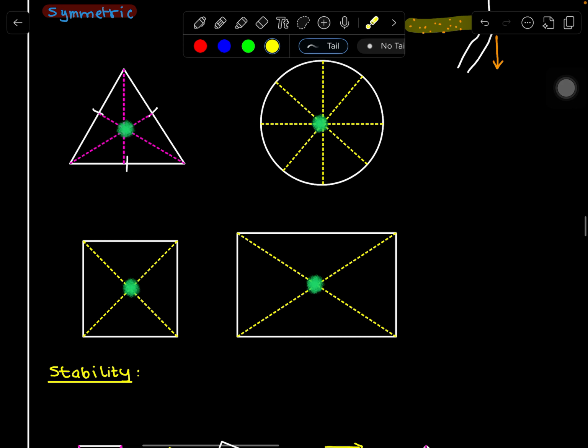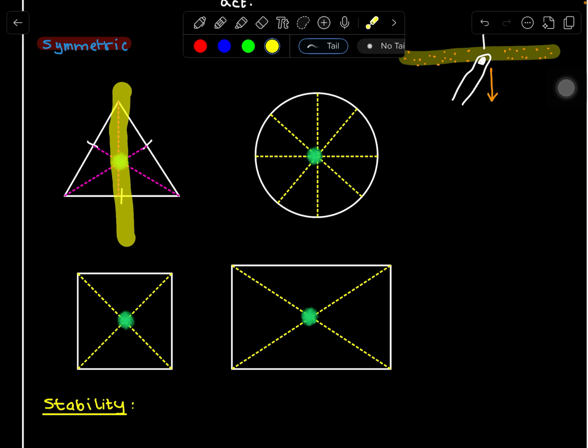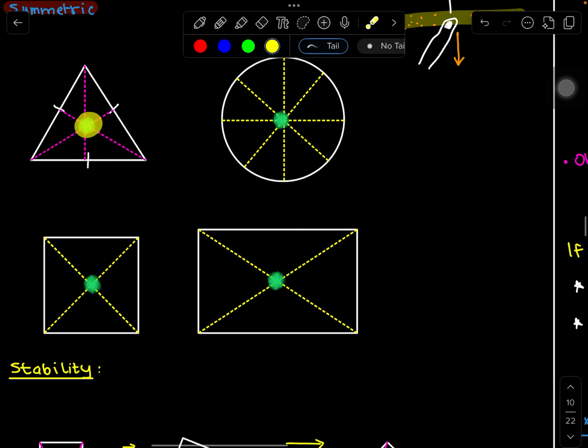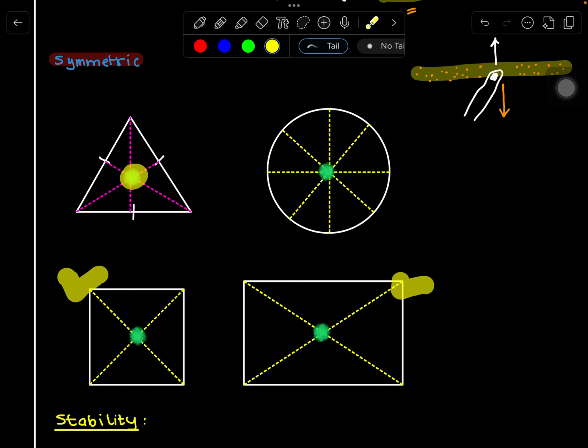For symmetric objects, if it's an object with corners, you can draw lines from the vertices or corners of the object, and where all of the lines intersect, that's your center of mass. So you do the same for all of these three shapes.